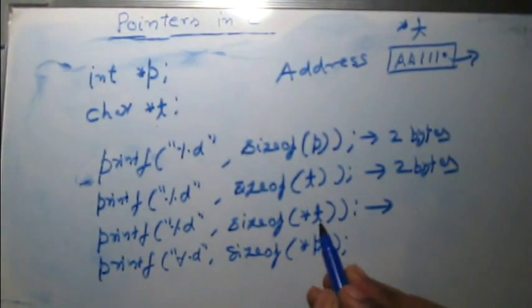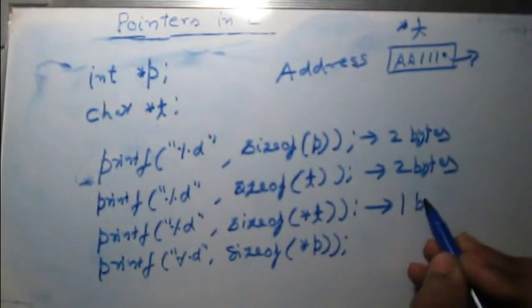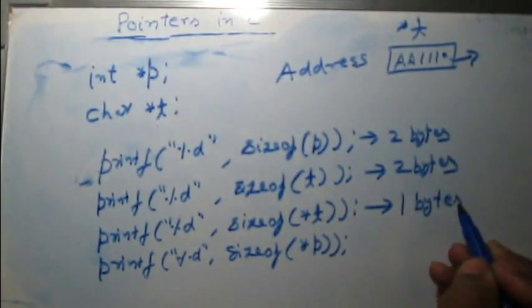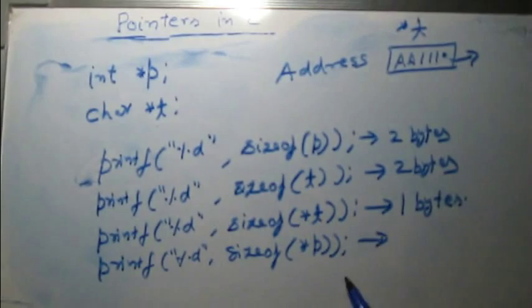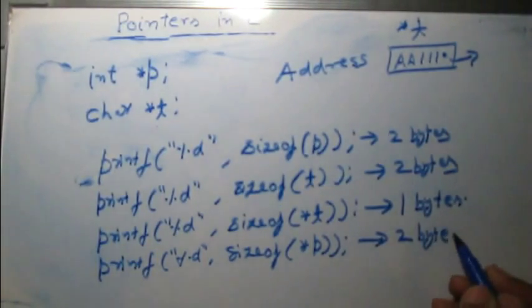So this is pointing to a location which is of character type, so the size of this will be 1 byte, because character is 1 byte, and this P is pointing to a location which is of integer type, so this will be 2 bytes.